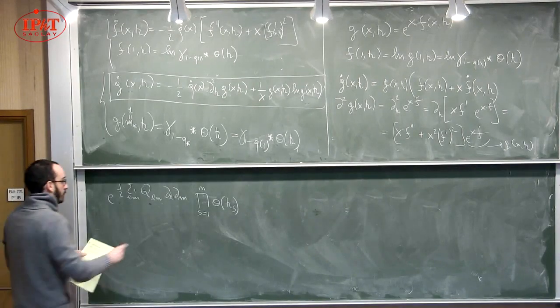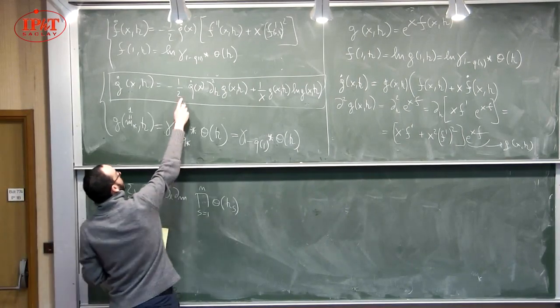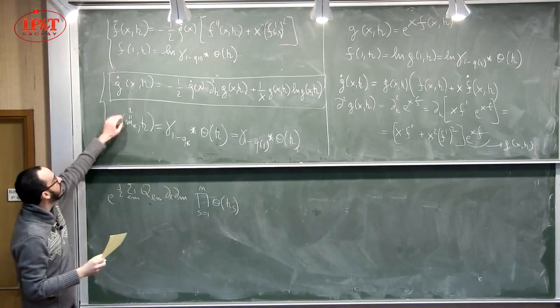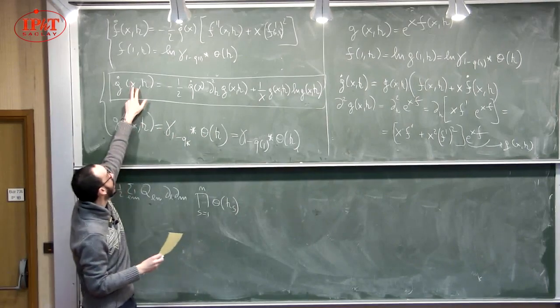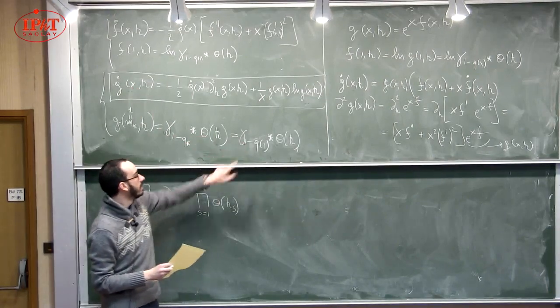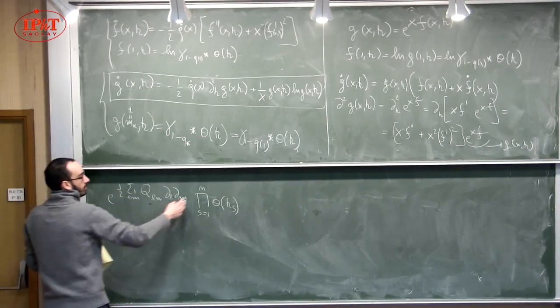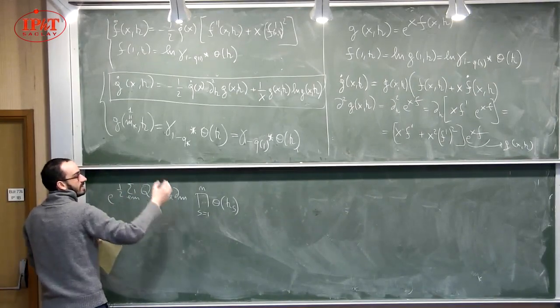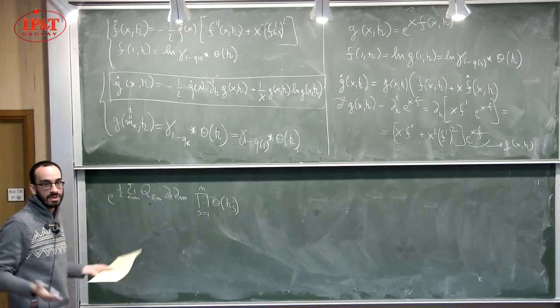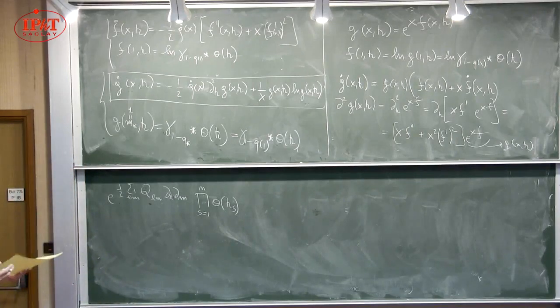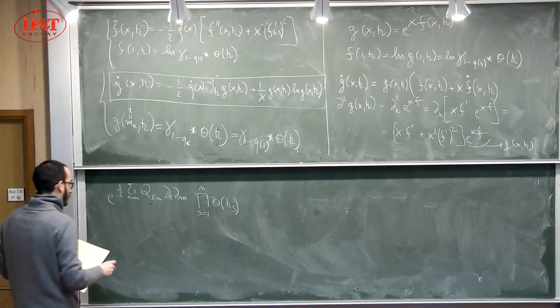Okay, so we started from this and we got the equation. Look, this is a flow equation that starts from the boundary condition at x equal to 1. Of course, we would like to compute this. So we start from the innermost block, and then we want to go outside, up to the outermost block.